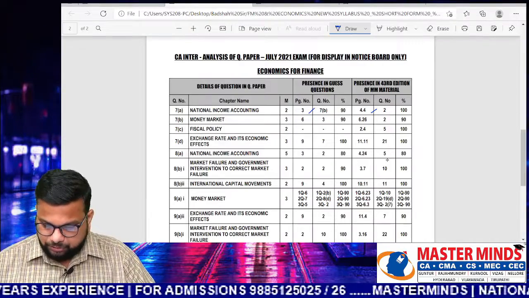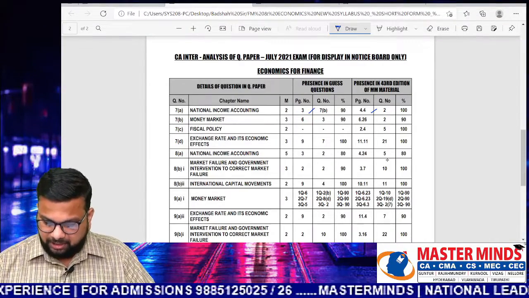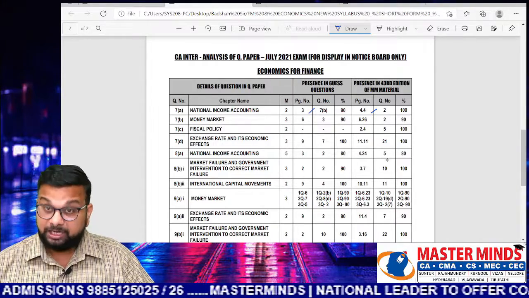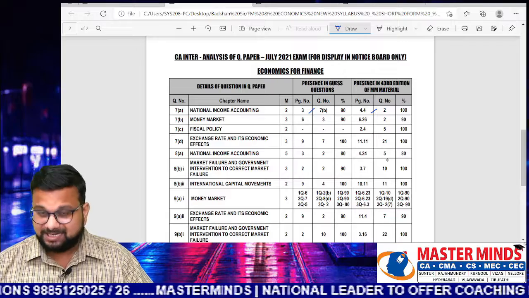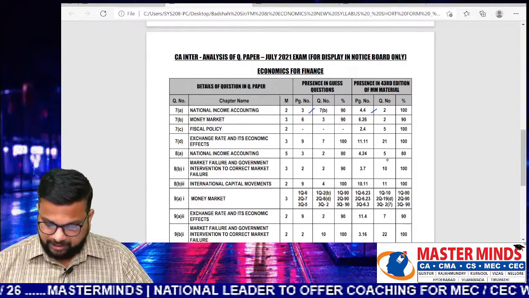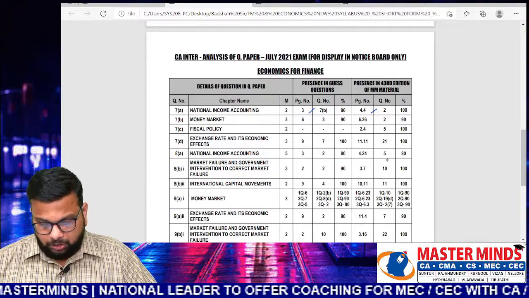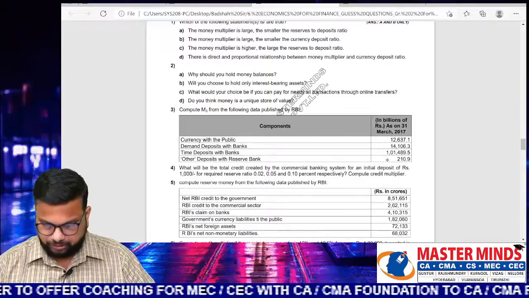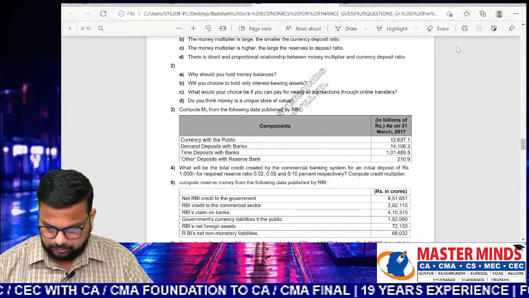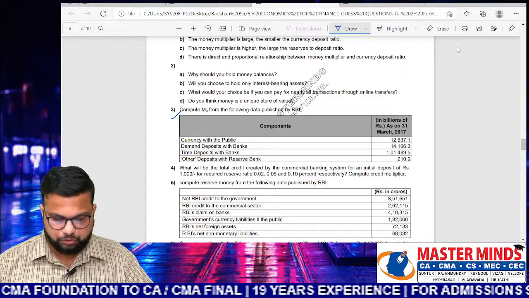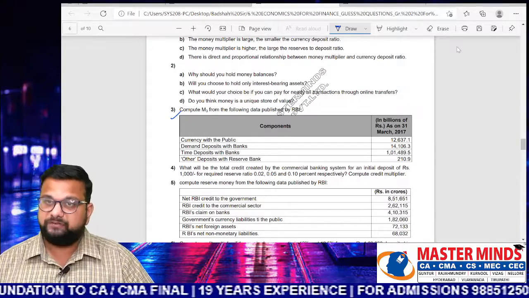It is given in our GUEST paper, and it is also given in our material. 90% coverage means only the numerical values will change, and everything else will be the same. In the GUEST paper, it is page number 6, question number 3. You can clearly see here, if you are thorough with this question, you can answer the question given in your examination.